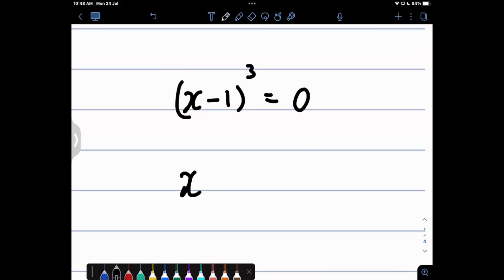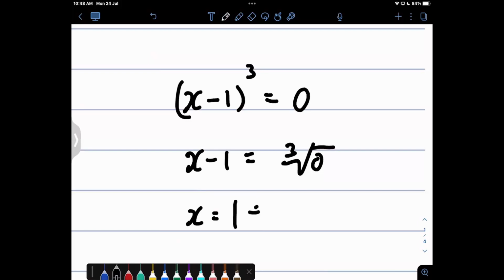Let's just solve this first. How do you solve it? You get x minus 1 equals cube root of 0. Then x equals 1 plus cube root of 0. Cube root of 0 is just 0. We just simplify it down.